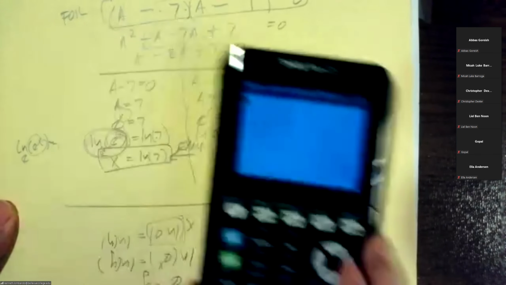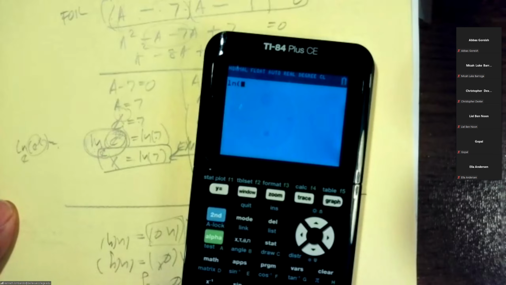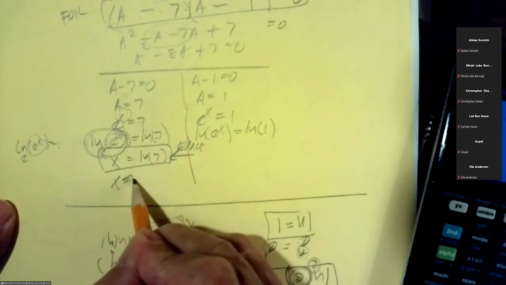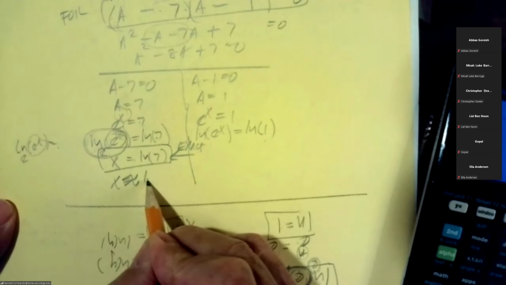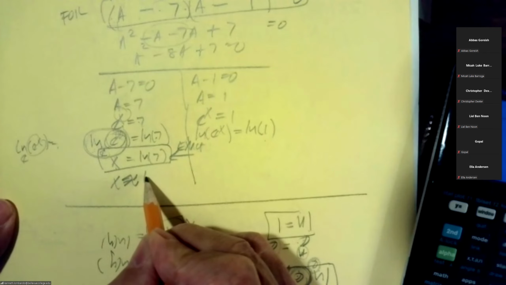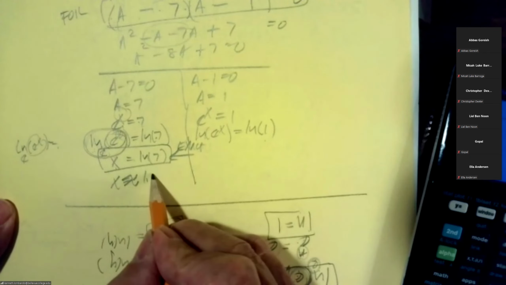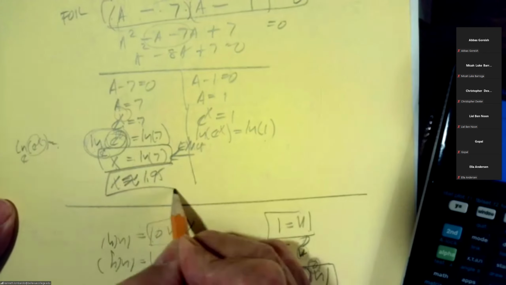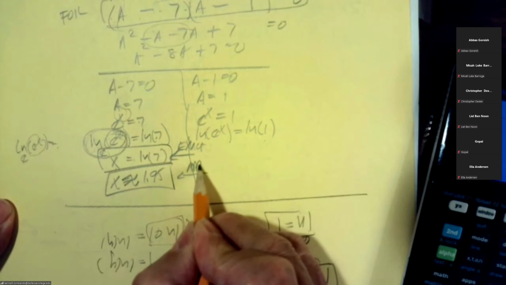And I can say, well, let's see. The ln of 7, and that's 1.945, which would be 1.95. So I'm going to say here's an approximate answer.